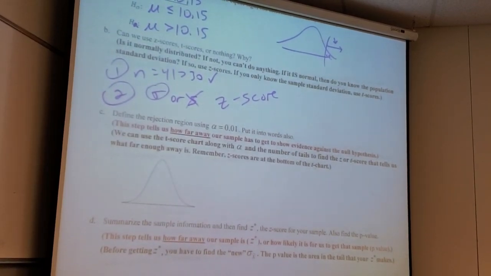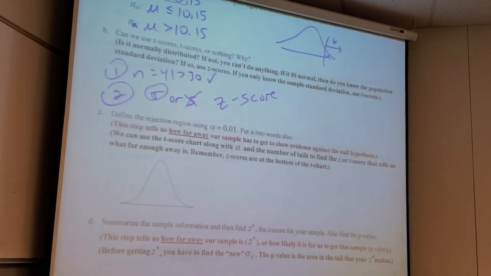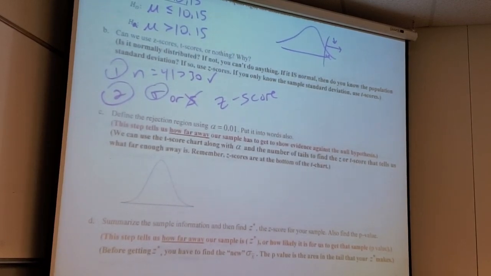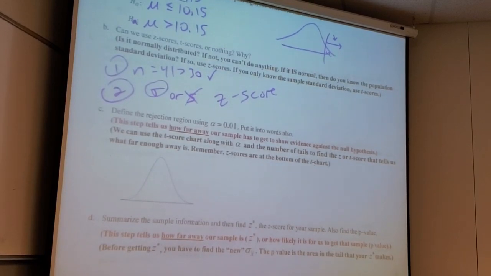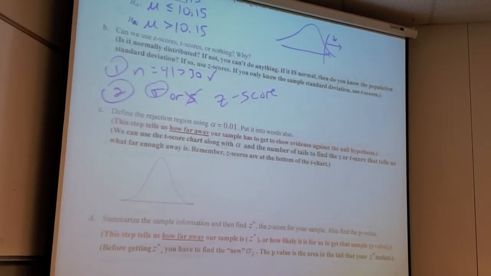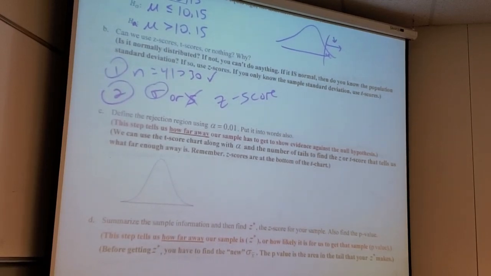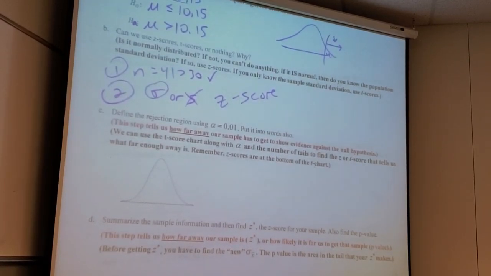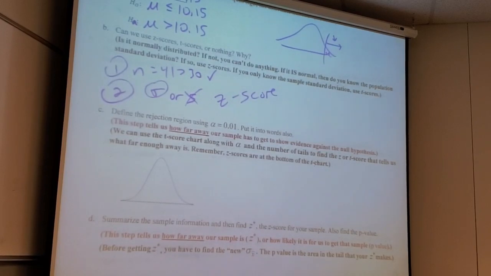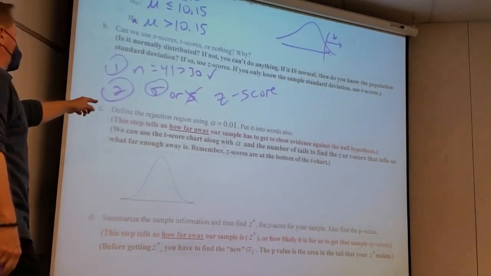If the sample makes it far enough away, and again, there's going to be a lot of steps and a lot of work, keep in mind what the idea is. If my sample is far enough away, I can reject this guy, because this is the guy that thinks it should be in here. If I get far away from this, then I can reject this guy. So that's why I call this the rejection region, right?